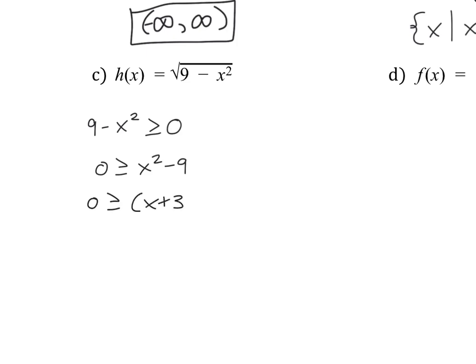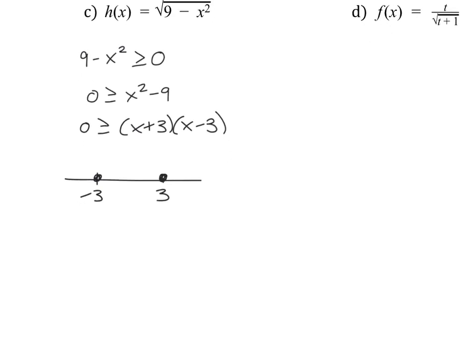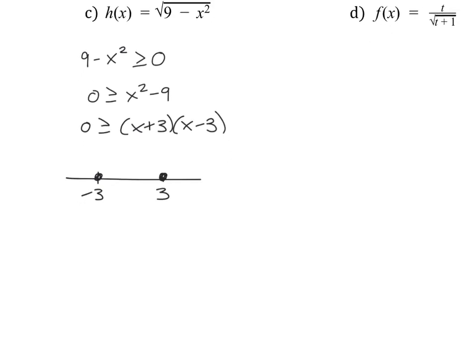So I'll factor it out to find my critical points, and I am going to test my zones. I see that my critical points are at 3 and negative 3, and both would be included. Let's say I test x equals negative 4.